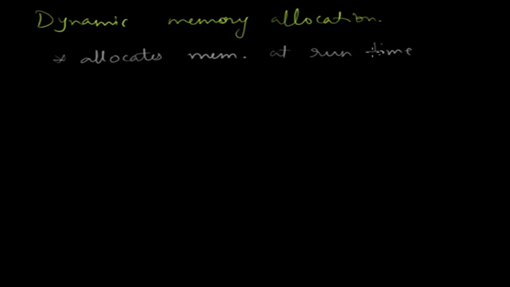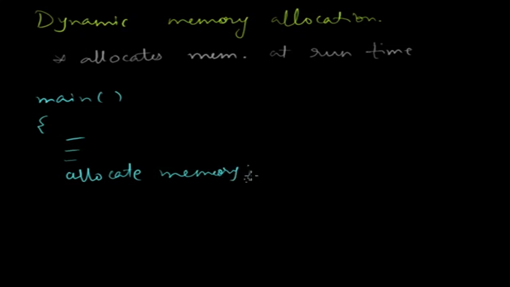Runtime means while the program is being executed, while it is running, based on some instructions, it reserves some space. So you have your function main and other statements here. You declare your variables previously, and in between, if you try to allocate memory here, then it is called dynamic.